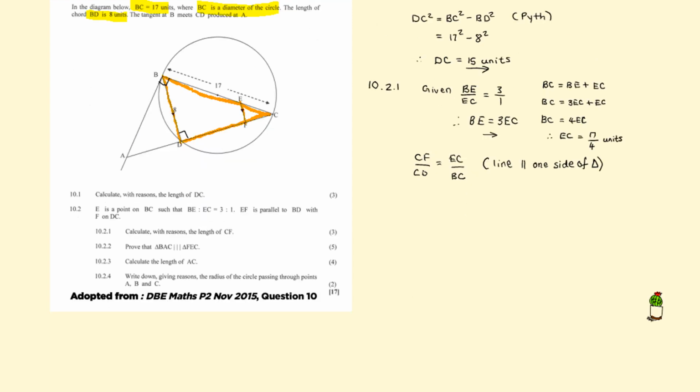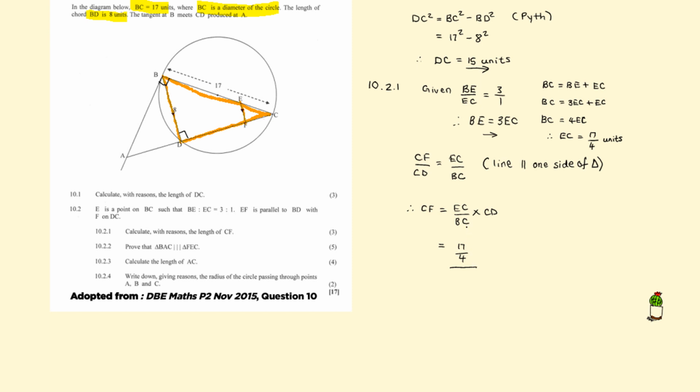Now I can go over to calculating CF. Just rearranging this by multiplying both sides by CD, you have CF is equal to EC over BC times CD. EC in terms of a length is 17 over 4.